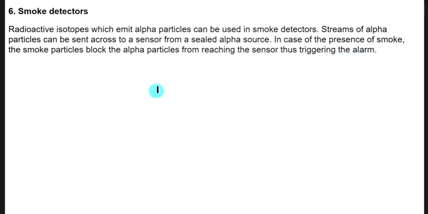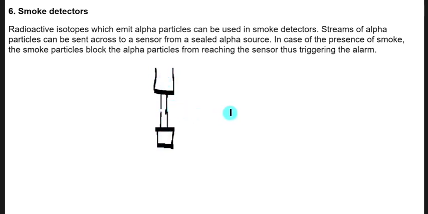If this is the house, above in the ceiling board there will be a source of radiation here which emits radiation. Then on this side there will be a detector. So this radiation always passes and reaches the detector. The detector will be quiet as long as the radiation is moving from the source reaching it.